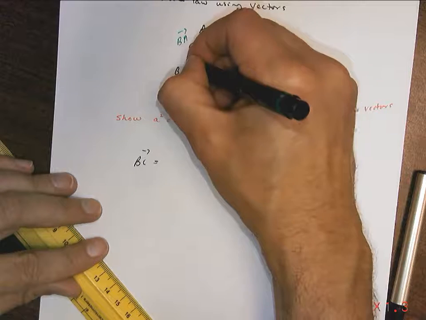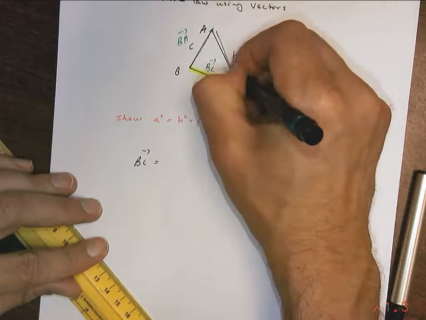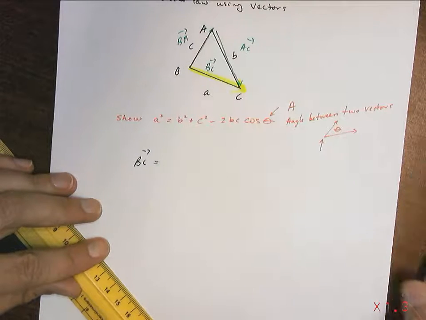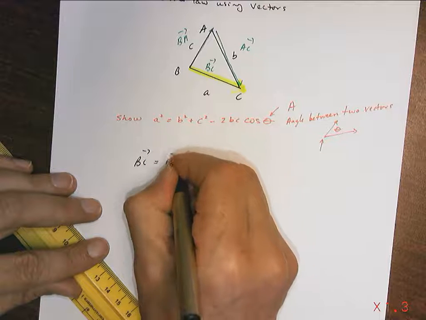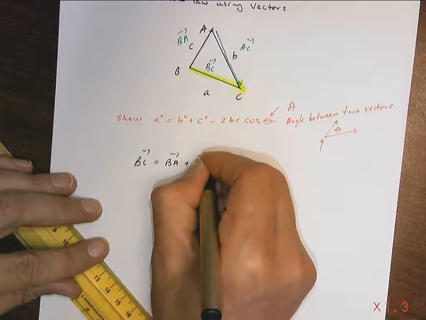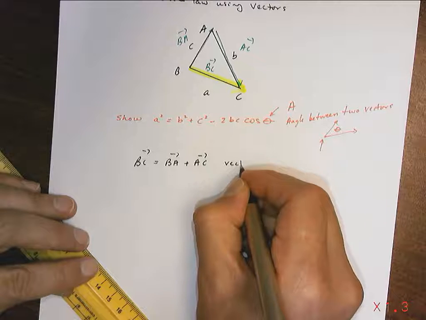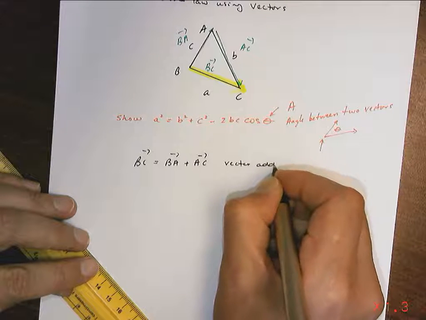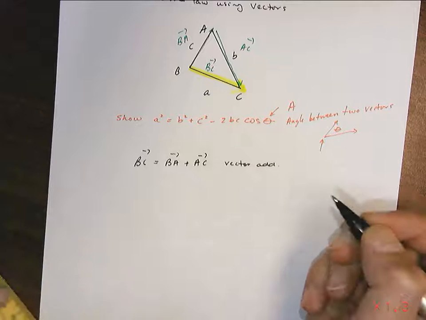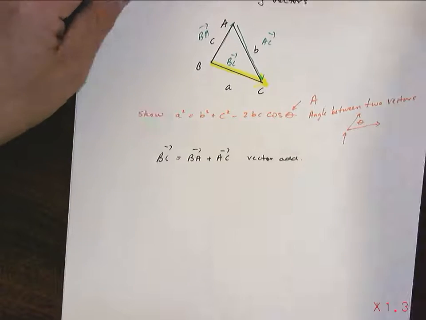So if we take this vector and this vector, then we get BC, and that makes perfect sense. So we get BA plus AC, and that is simply vector addition. All right, so that's very good.